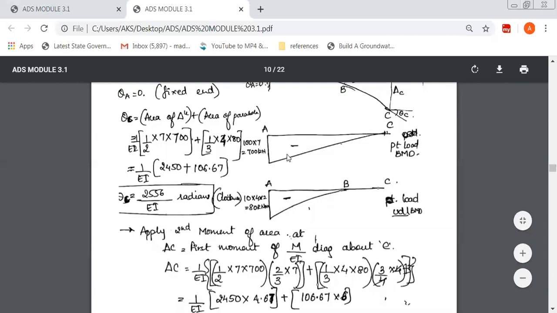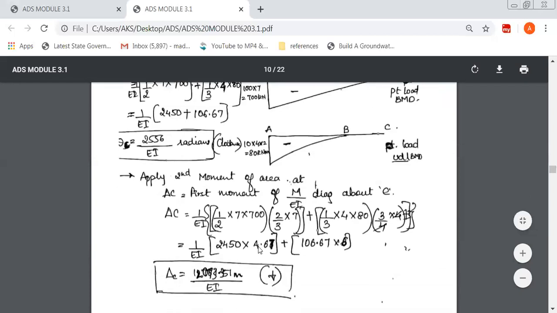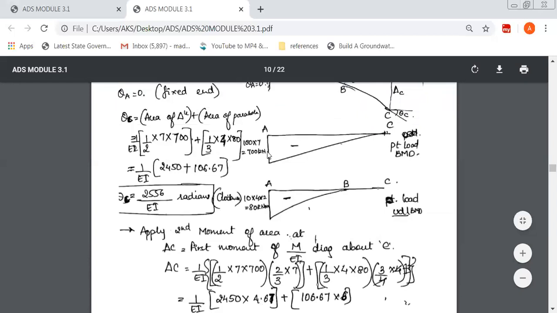You find the CG, or the moment, of these two diagrams, and you will get delta C. The moment of the M over EI diagram is area into its CG distance.